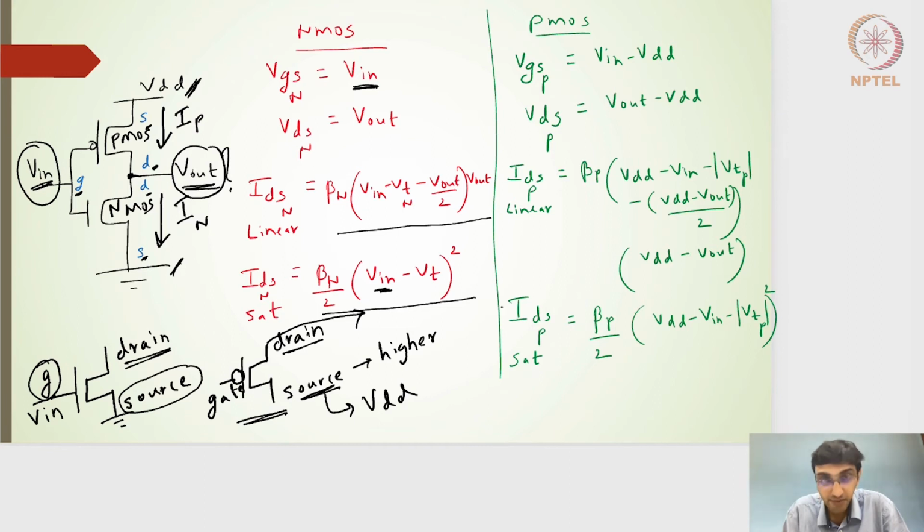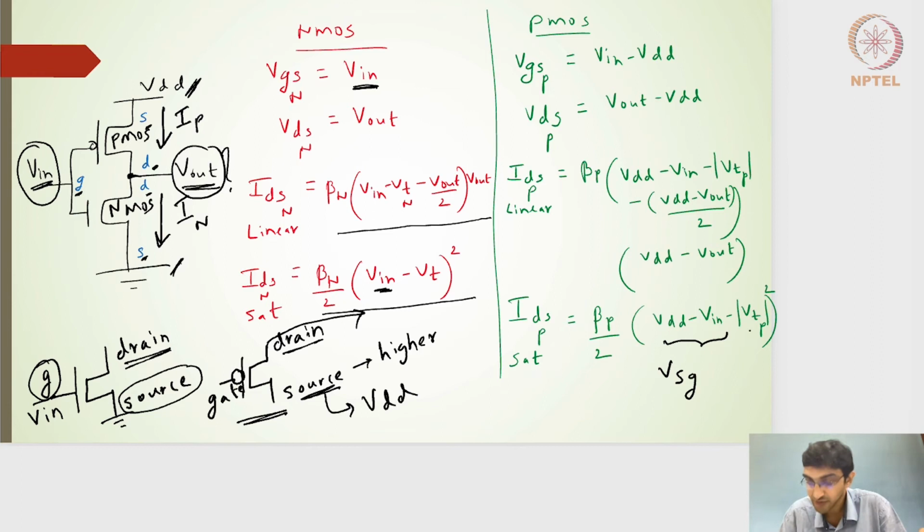IDS of the PMOS in saturation is nothing but beta PMOS divided by 2 multiplied by (VGS minus VT) the whole square. VGS here is nothing but VSG, which is VDD minus V input, minus the mod of VT of PMOS.